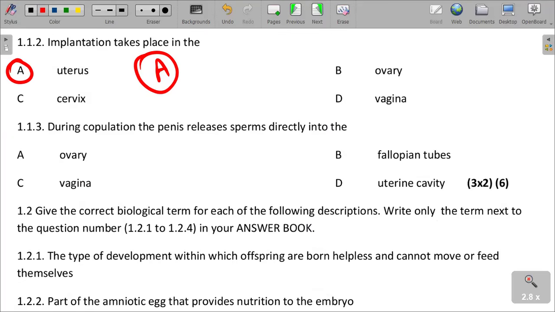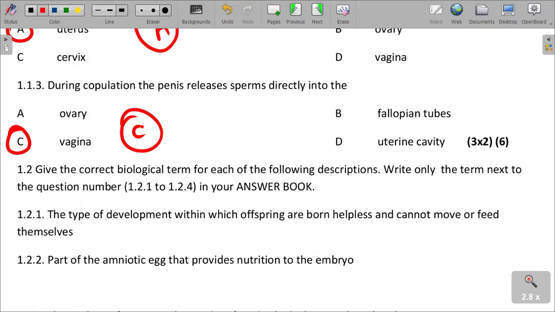During copulation, the penis releases sperm directly into the vagina, and that is where eggs are released during copulation. The Fallopian tubes are where fertilization occurs. The uterine cavity is for implantation, and so C is the right answer.